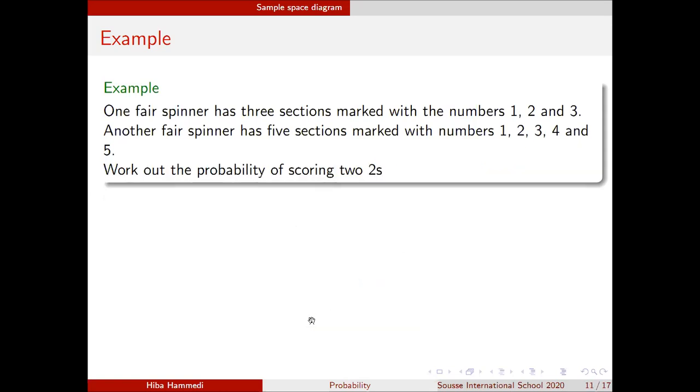Now imagine they ask you to work out the probability of scoring two twos, right? So scoring 2 twos, I just need to see when the first spinner will give me 2, what are the possible outcomes that the second spinner will give me 2.